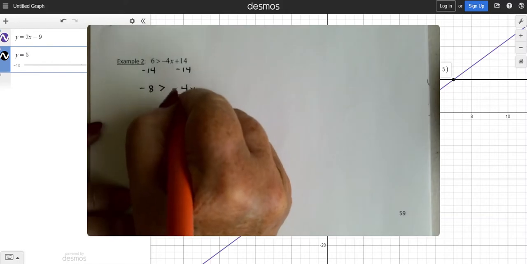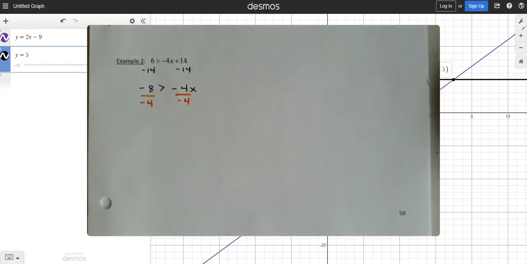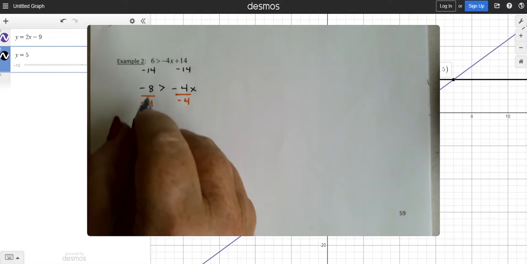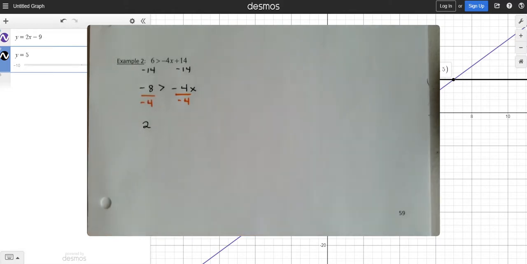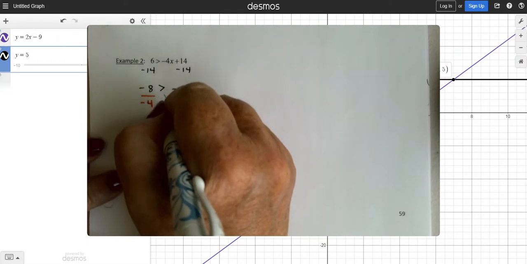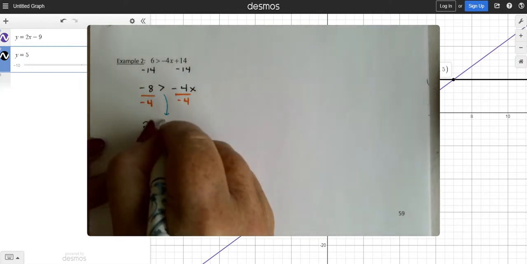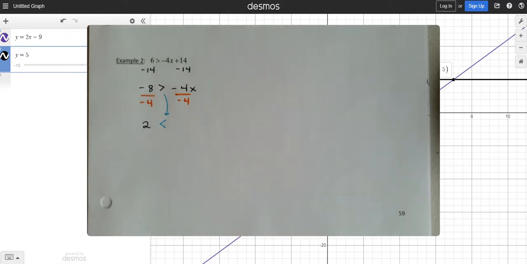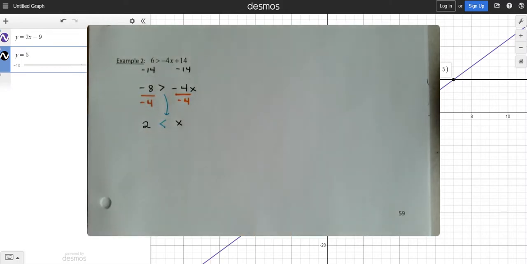To get x by itself, I have to divide by negative 4. And because I am dividing by a negative number, in my next line, dividing here gives me 2, and I have to reverse this inequality. The greater than sign becomes a less than sign. And then I have my x. So 2 is less than x.